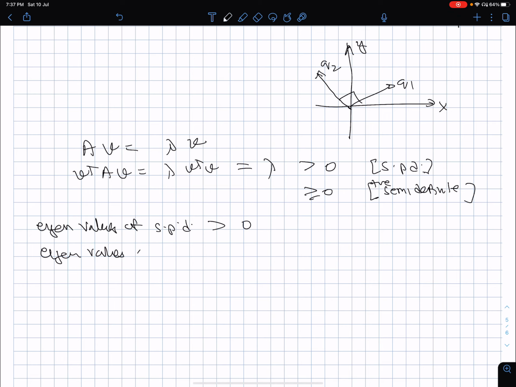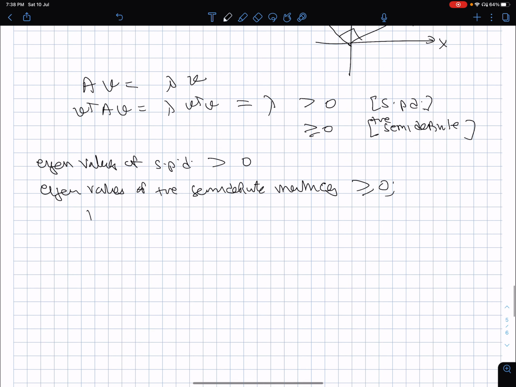Eigenvalues of positive semi-definite matrices are greater than or equal to 0. And incidentally, what can you say about the determinant of A? That will also be greater than or equal to 0.